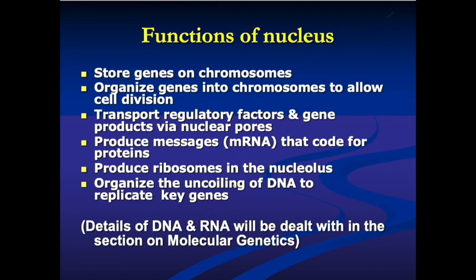Organize the uncoiling of DNA to replicate key genes. So these are the functions of the nucleus. Details of DNA and RNA will be dealt with in the section on molecular genetics, where you're going to learn about DNA, transcription, translation, and all with Professor Zulkarnain.